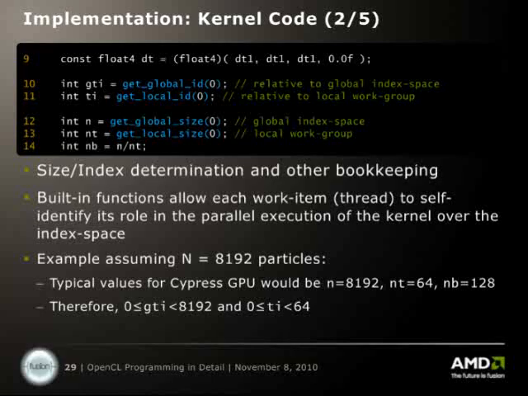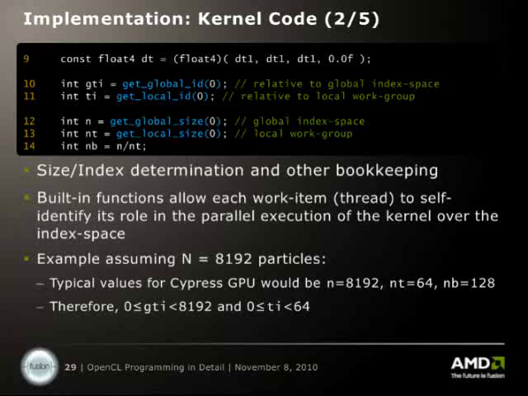So if we assume an example with 8192 particles, typical values that you might choose for a Cypress GPU, for example a Radeon 5870, N would be 8192. The number of threads, NT, would be chosen to be 64, and that turns out to be a good number for the architecture. This would result in 128 blocks in our blocking scheme.